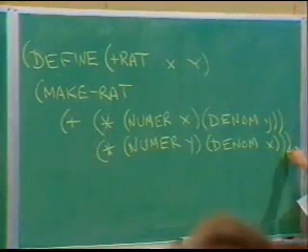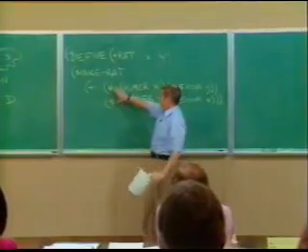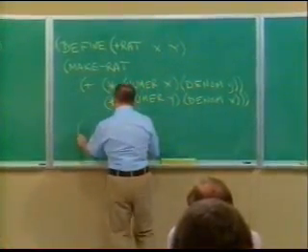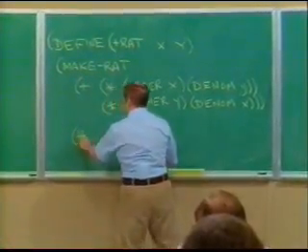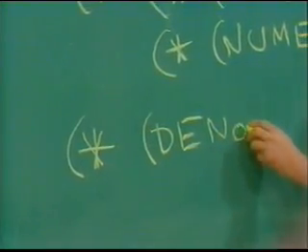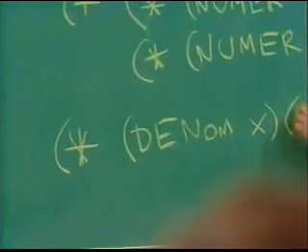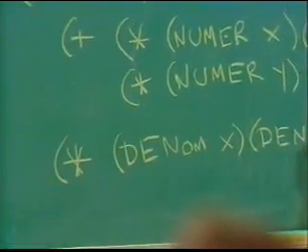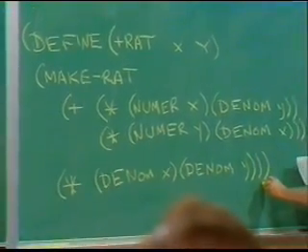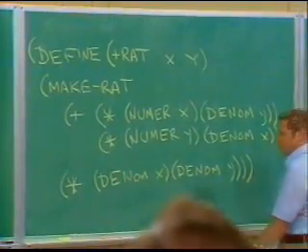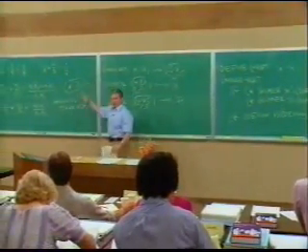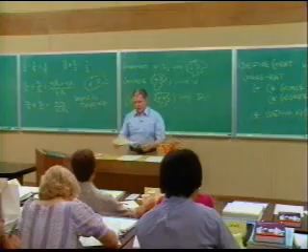That's the first argument to makeRat, which is the numerator of the thing I'm constructing. And then the rest going into makeRat is the denominator of the answer, which is the product of the denominator of x and the denominator of y. Okay, so there's the analog of doing rational number addition, and it's no problem at all, assuming that we have these clouds.